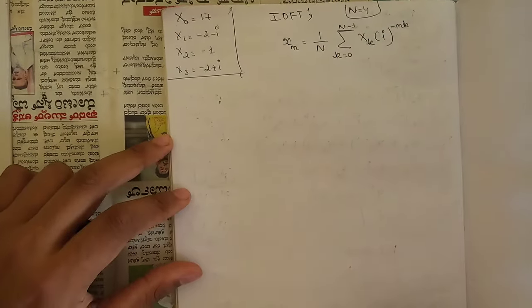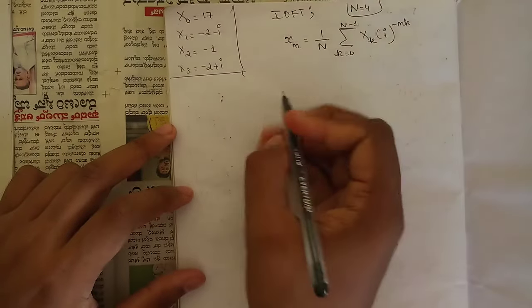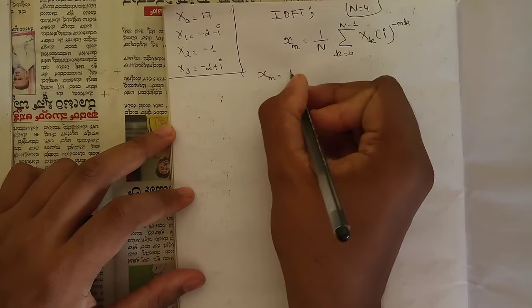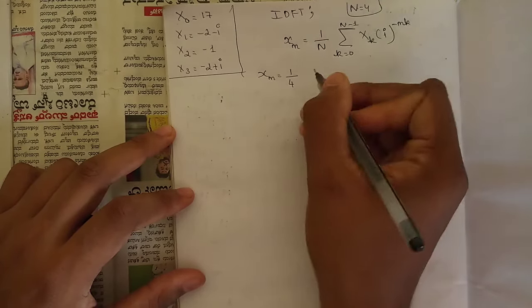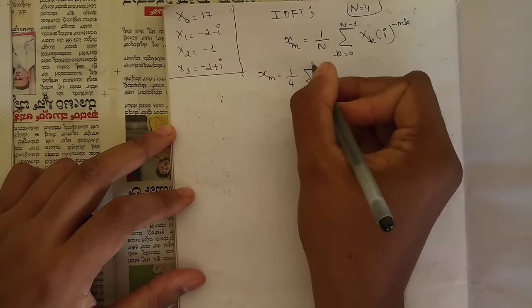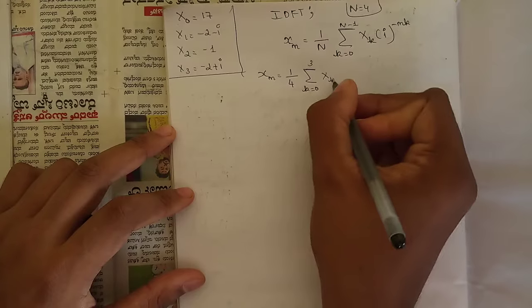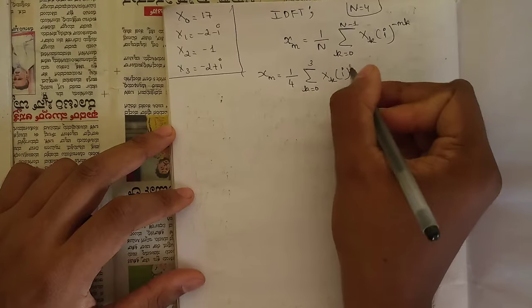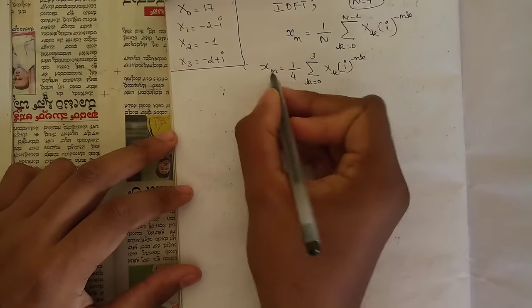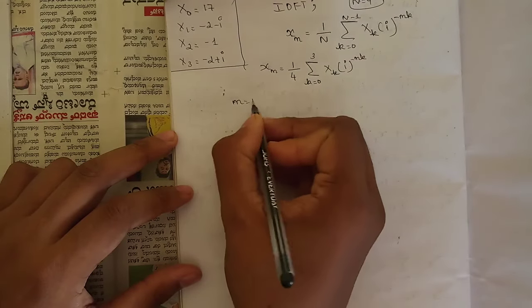So we apply the same thing again: xn is equal to 1 by 4, summation of k equal to 0 to 4 minus 1, that is 3, Xk, i to the power minus nk.